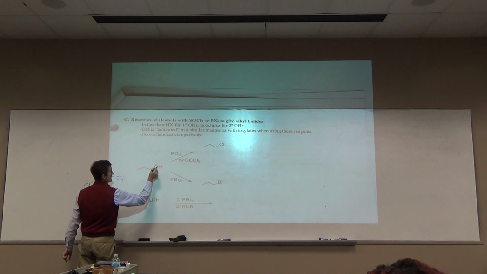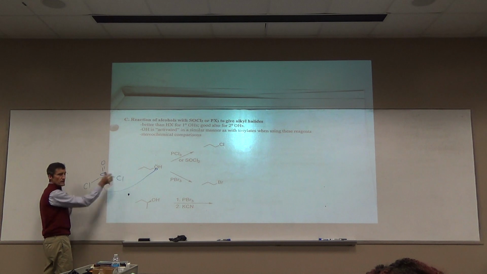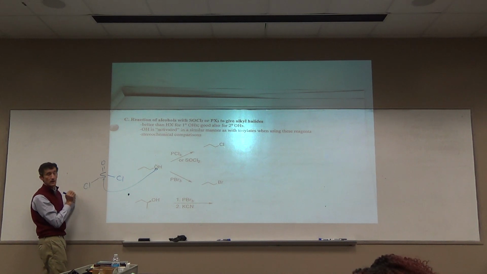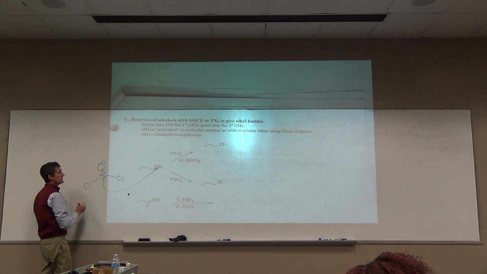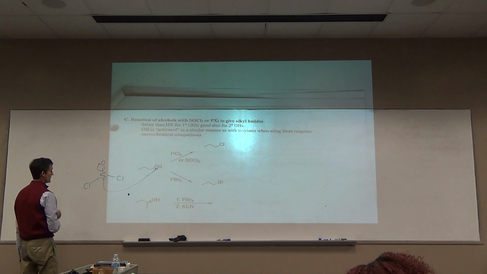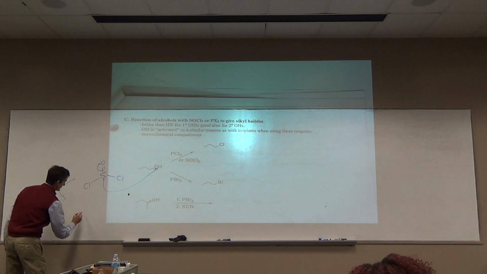Mechanism. This attacks here. And what do we do here? Do we kick the chlorine off directly? No, we have a weaker pi bond. We're going to move this up, move that away from the sulfur.